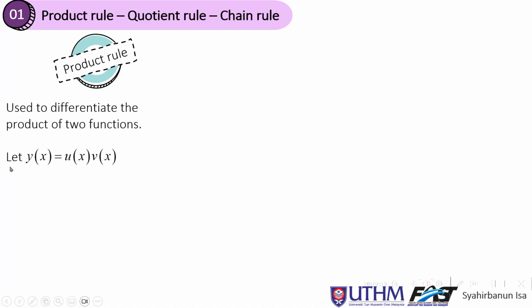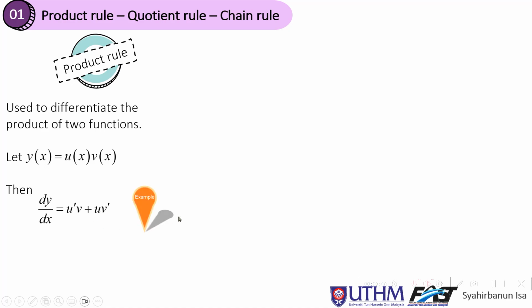We have a function y given by the product of two functions, u(x) v(x), then dy over dx is given by this formula, u prime v plus u v prime, or any formula that you already learned before. You can use your own formula that you have memorized.